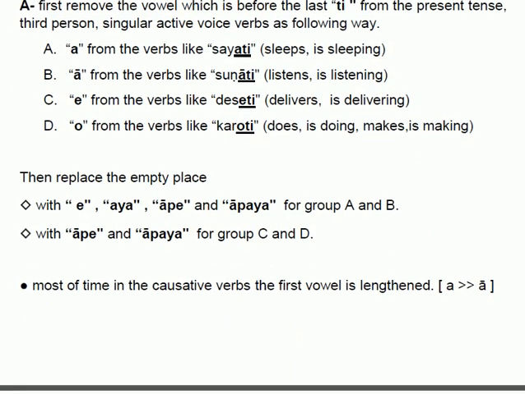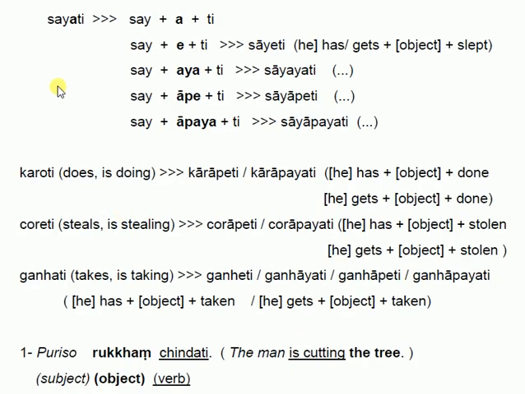Here is how we make causative verbs. Sayati, we remove this A, and then we add E, then sayeti. Here you can see the first vowel A is lengthened.